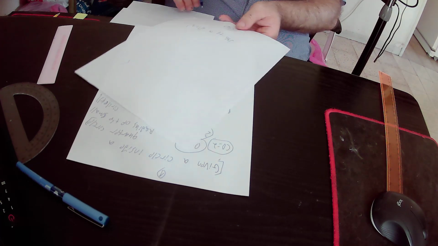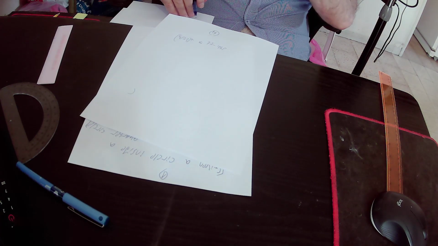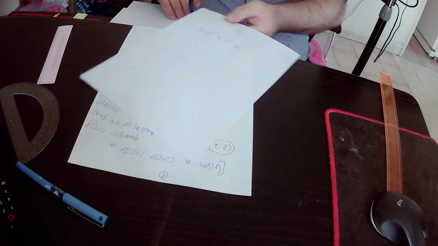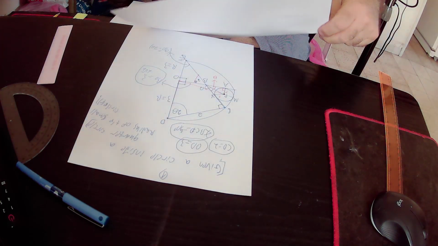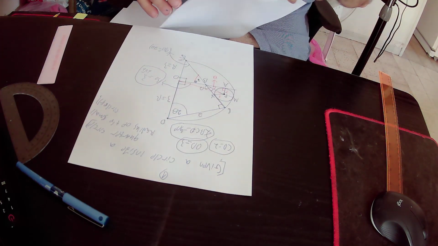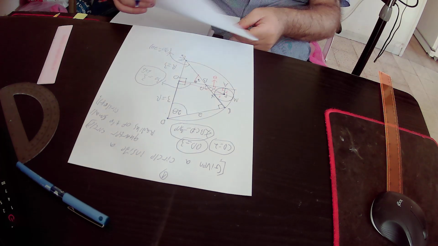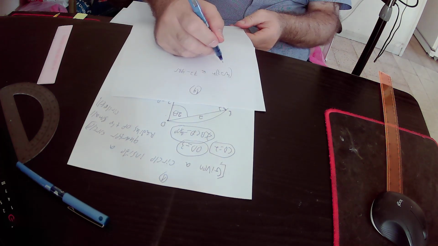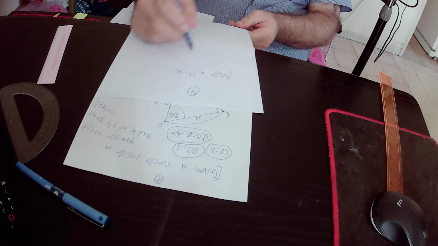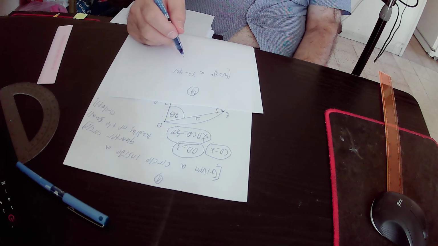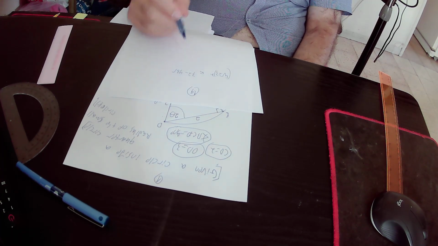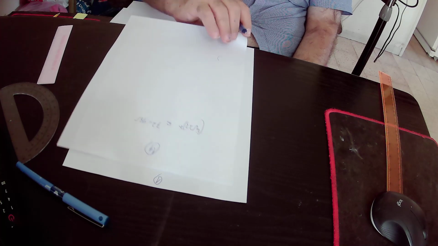So we got that (4R plus 3) squared equals 72 minus 48R. We will open the brackets here.